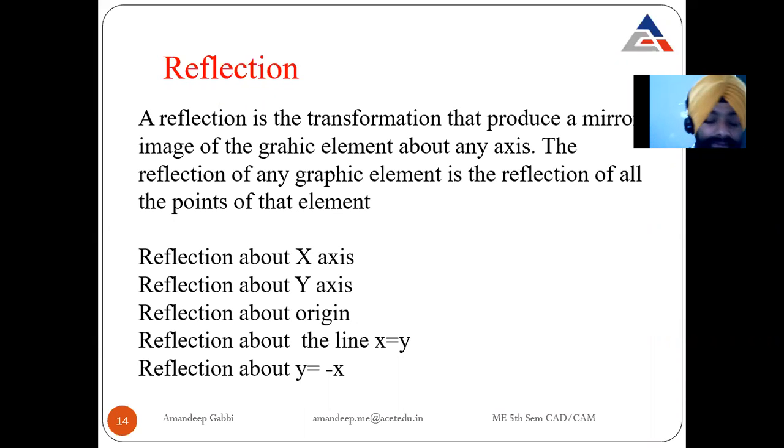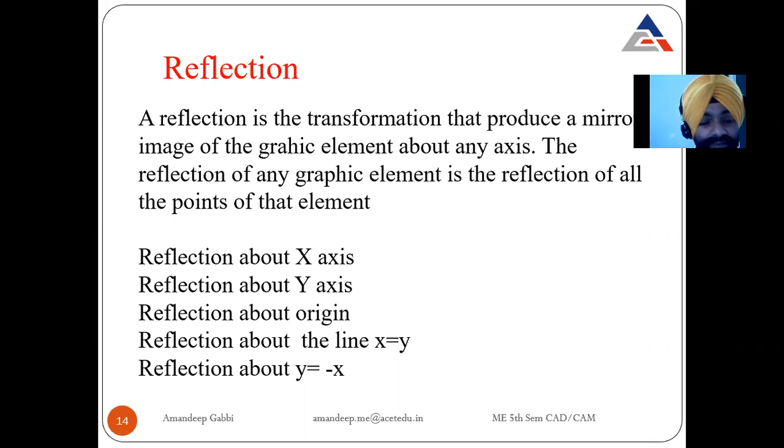A particular object, a particular line, can be mirror imaged with respect to the x-axis, about the y-axis, around the origin, about x equals y, and similarly y equals minus x. So these are the five sub-transformations of reflection.